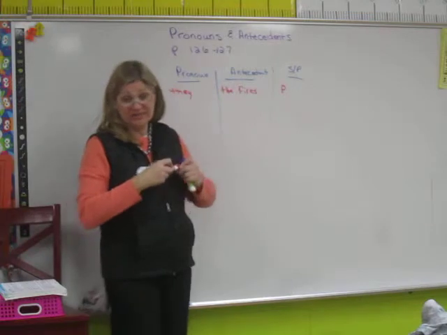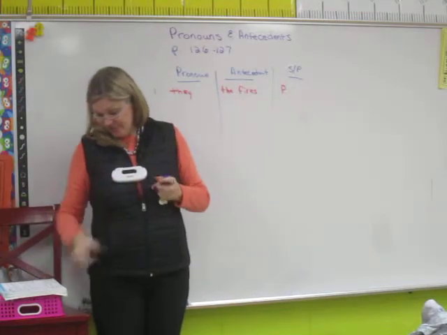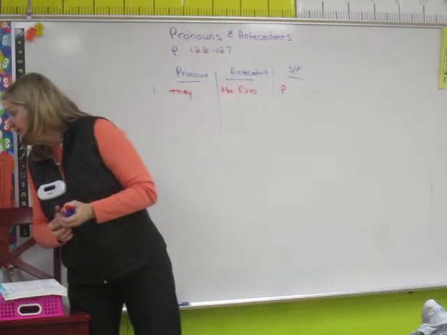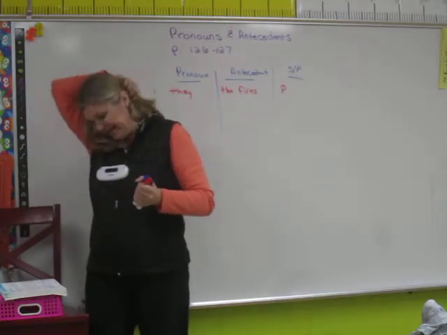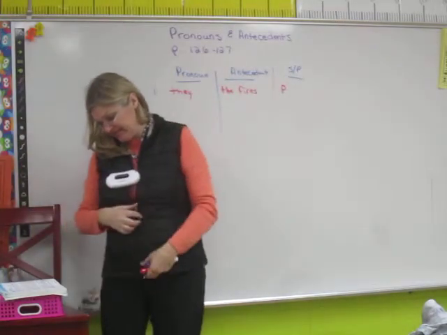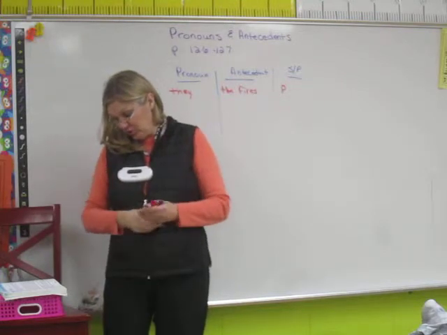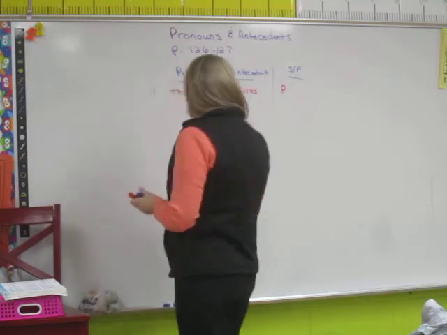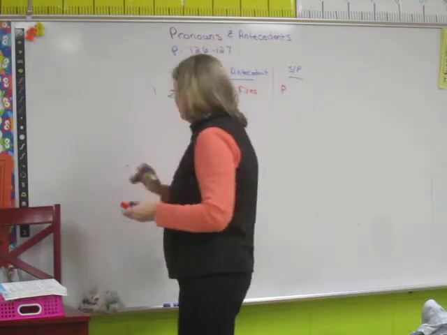So on your slates, you're going to do that for numbers 2 through 6. And the bottom section, they ask you to rewrite each sentence and replace the underlined word or words with a singular or plural pronoun. We're not going to do that. Instead, we're simply going to write the pronoun.